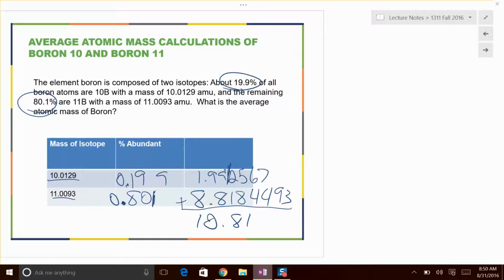This times that would be 3. And so I would just carry it to 2 decimal places in the math here, to 10.81. Okay, 10.81 would be the average atomic mass.